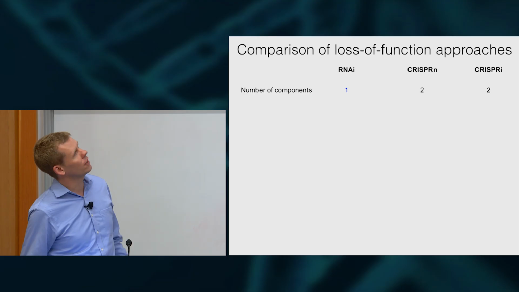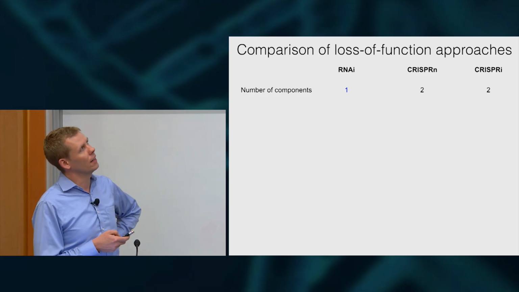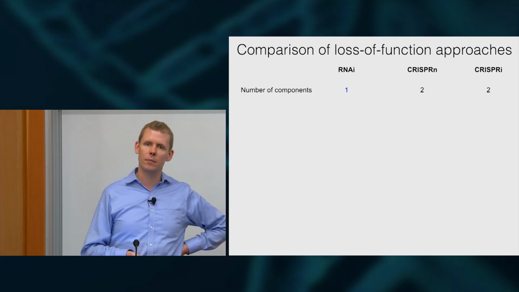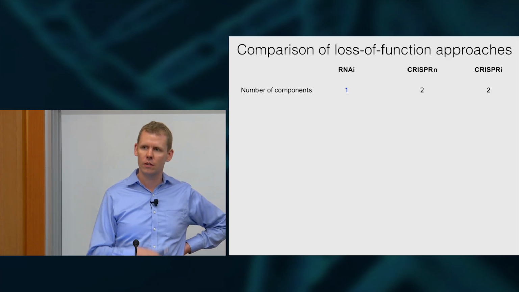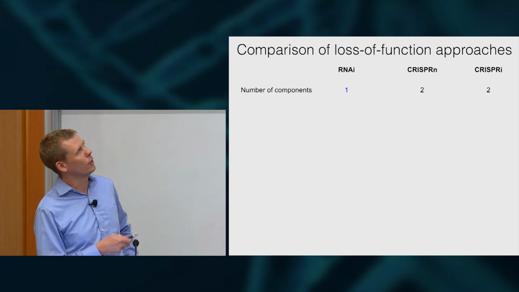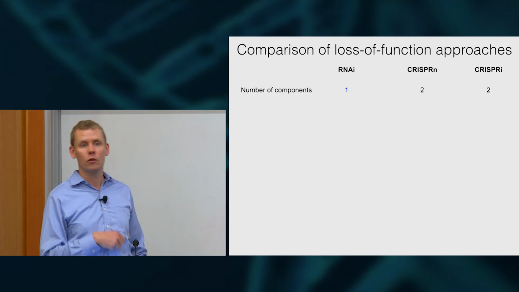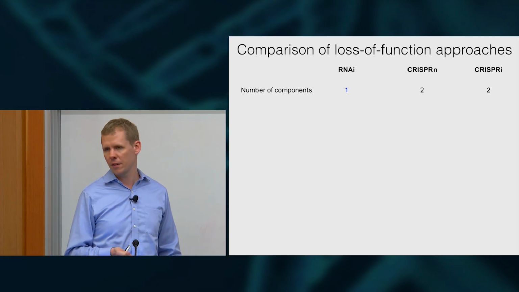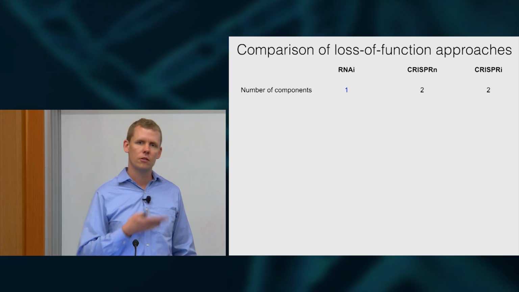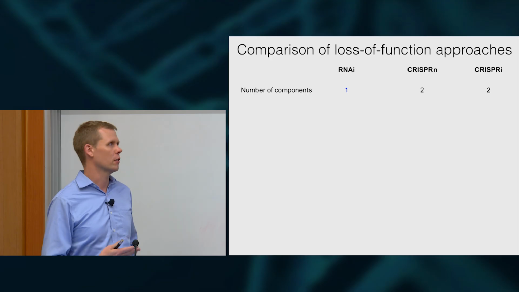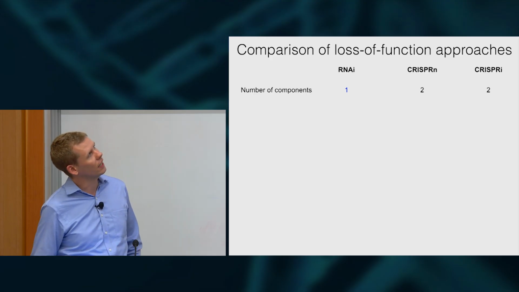So to compare a few other things, one of the advantages of RNAi is obviously it's a one-component system, because you only introduce shRNA or siRNA, the rest of the machinery is already in cells. So for some systems, it could still be the method of choice, and we have certainly continued to develop best state-of-the-art RNAi libraries for those cases.